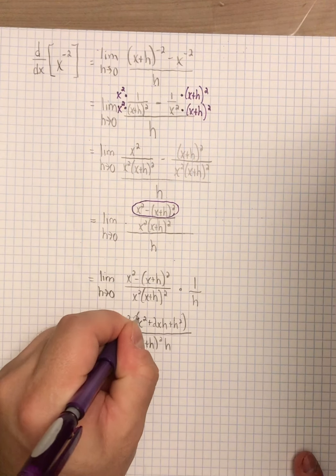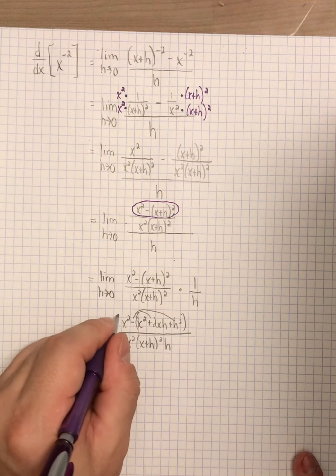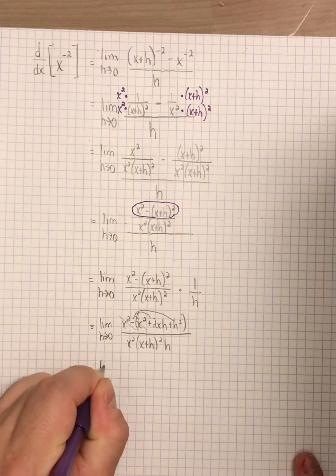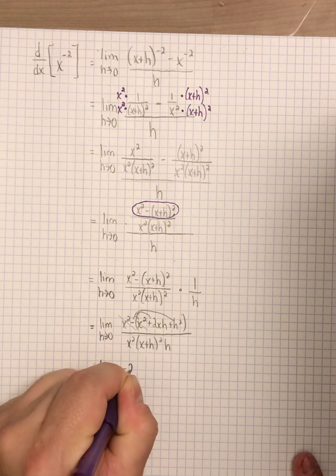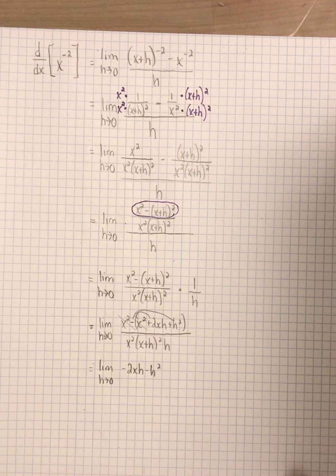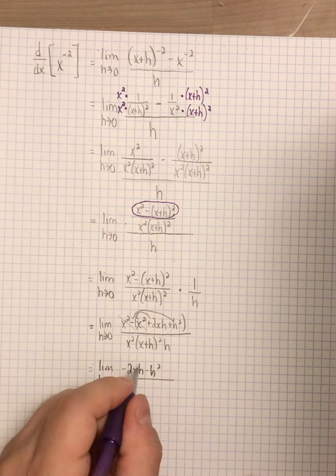Now don't forget the subtraction has to distribute, but the x terms will cancel out. So what we'll be left with is, as I mentioned, the exact opposite of the terms that we had when we did this with x to the positive 2.